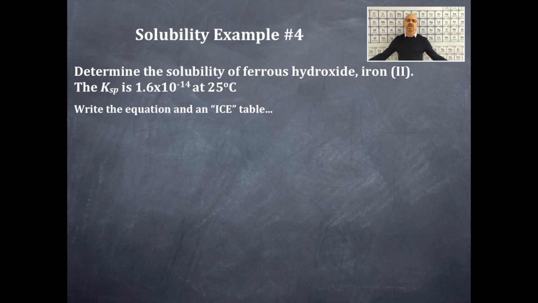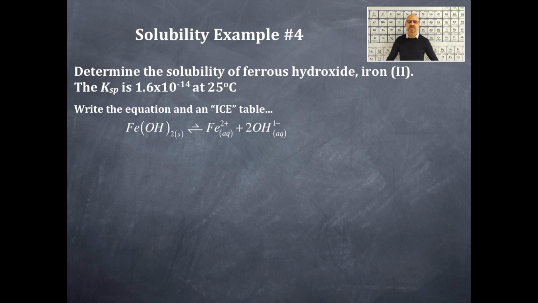We're going to write the equation and then do an ICE table because this is an equilibrium problem. Ferrous is a 2+, hydroxide is a polyatomic ion with a 1- charge. You should know that one very well. So we have ferrous hydroxide, Fe(OH)2, which is a solid.